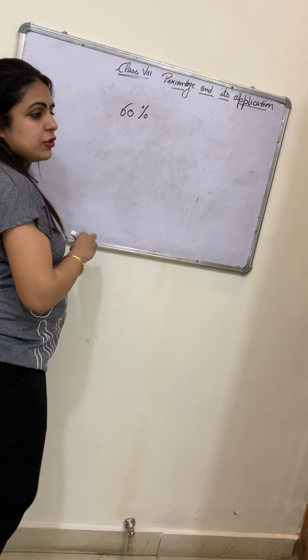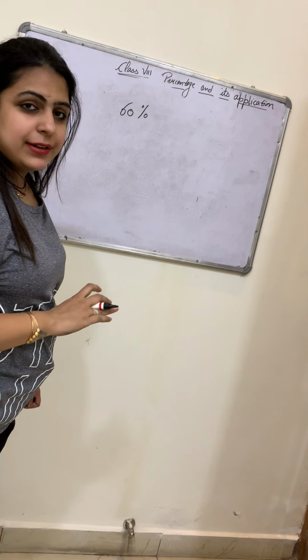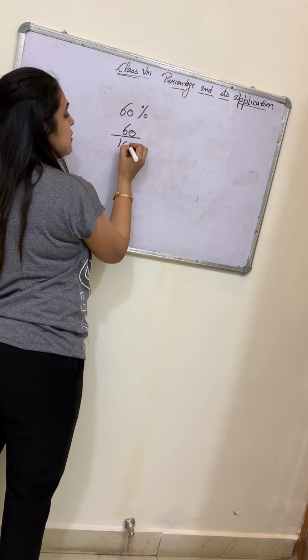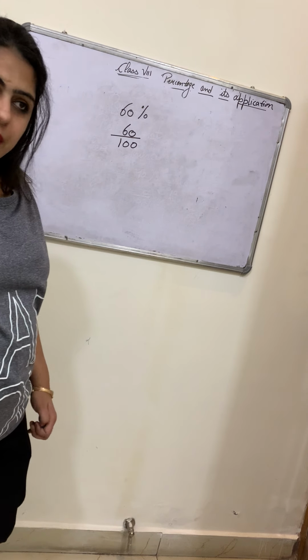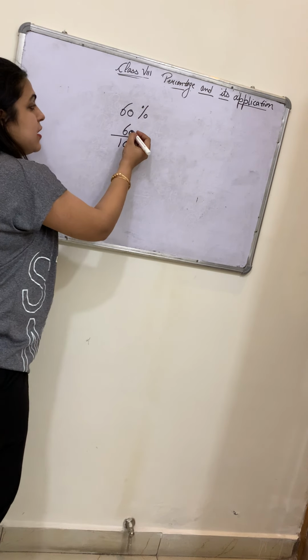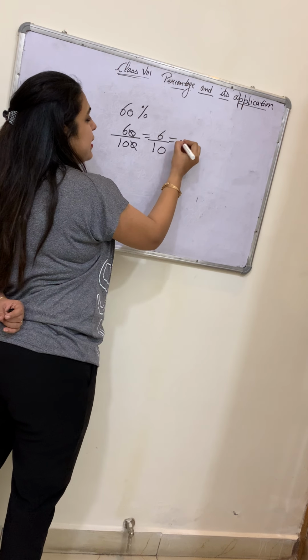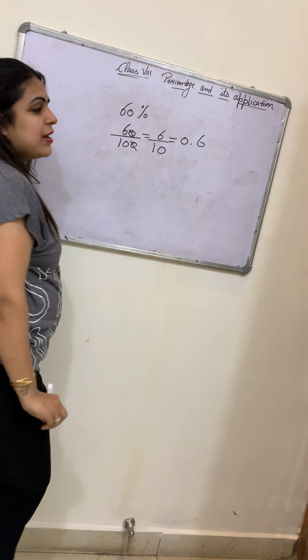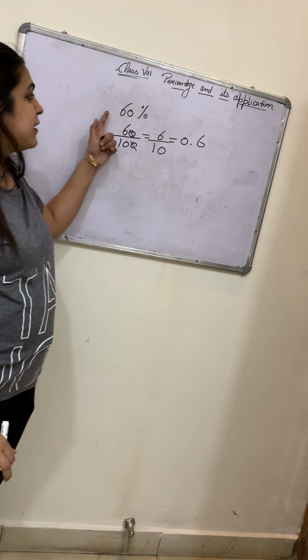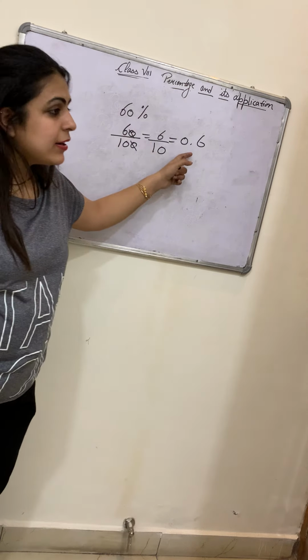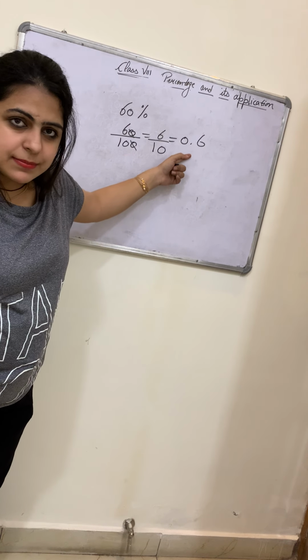I have to change it to fraction or decimal. How am I going to do this? 60% means 60 upon 100. The 0 cancelled by 0, left with 6 upon 10, that is 0.6. So percentage got converted into decimal.